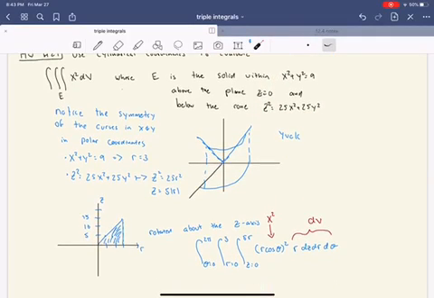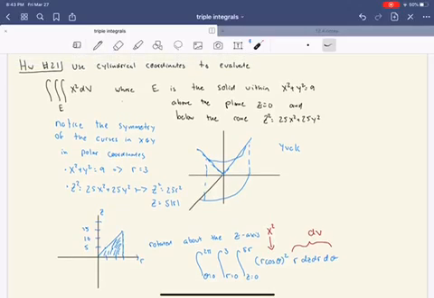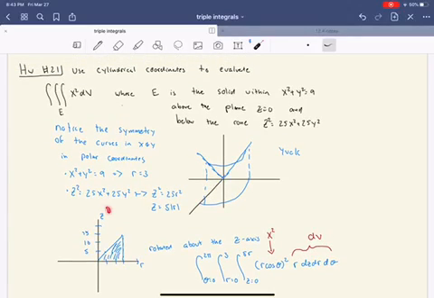So I really have this thing rotated about the z-axis. That's what I tried to draw there, but it actually looks better to me there.